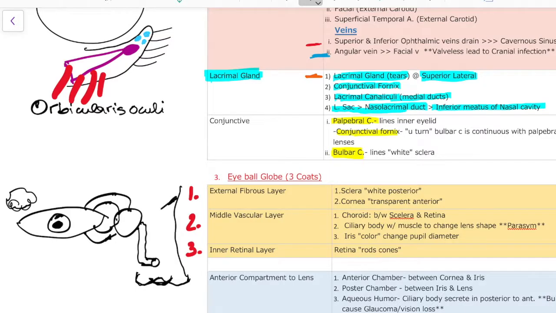So if we have our superior meatus, middle meatus, and then the inferior meatus in the nose, and we have right here the lacrimal gland.